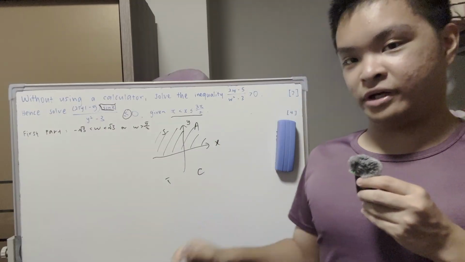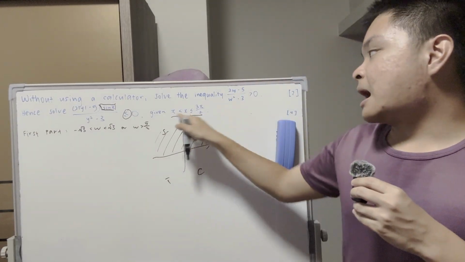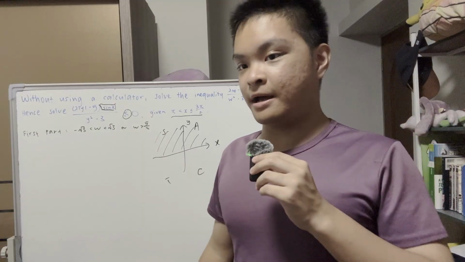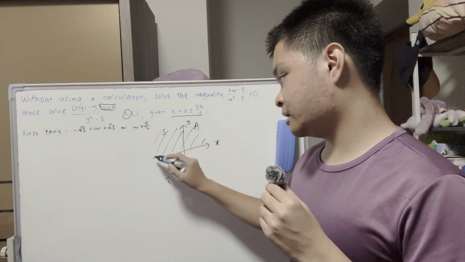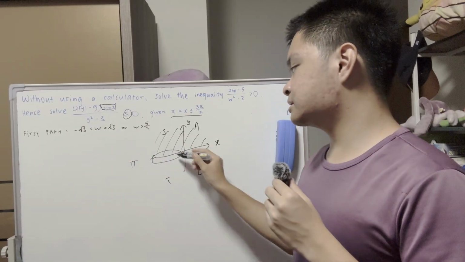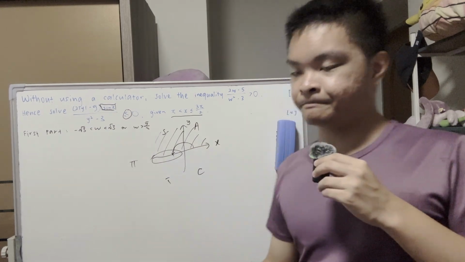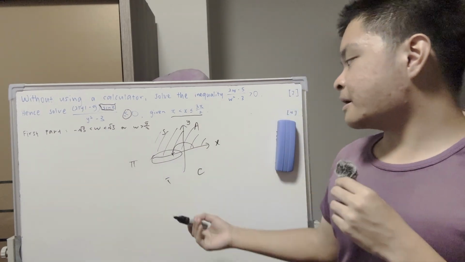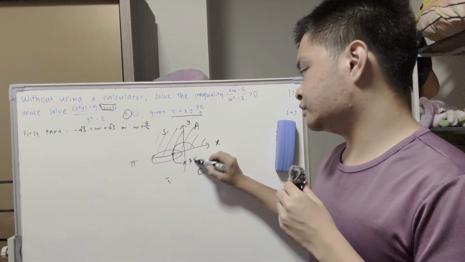But let's take a look at the range. Your x is in between pi and 3 pi over 2, not including pi. For those who don't know, if I were to draw it, this is pi, and then if I keep going, this is 3 pi over 2.